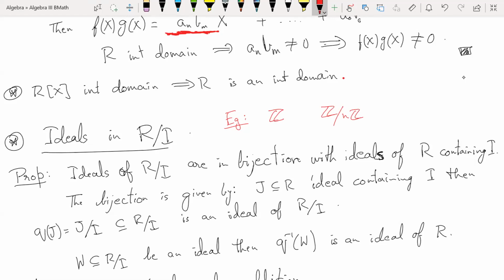Recall the ideals in Z mod n are of the form aZ mod nZ, where a divides n. And any ideal of the ring Z is of the form bZ.